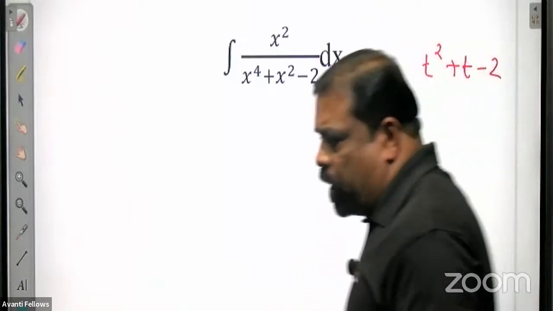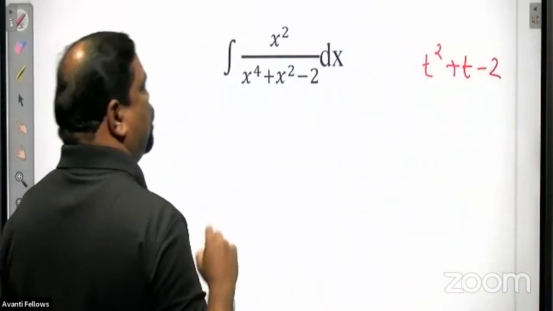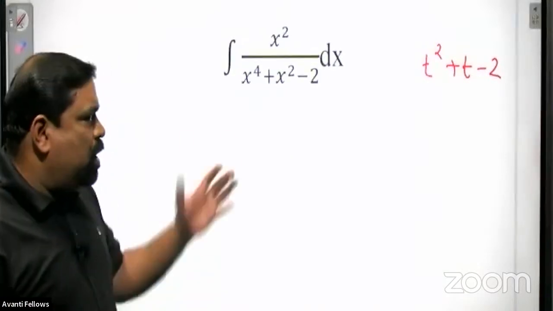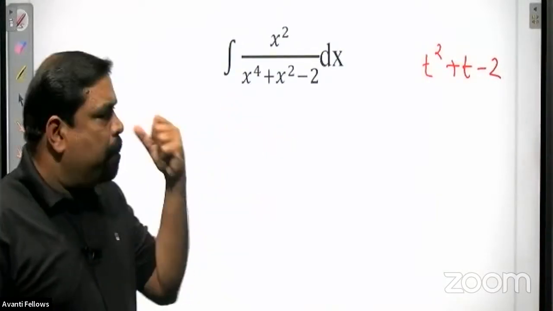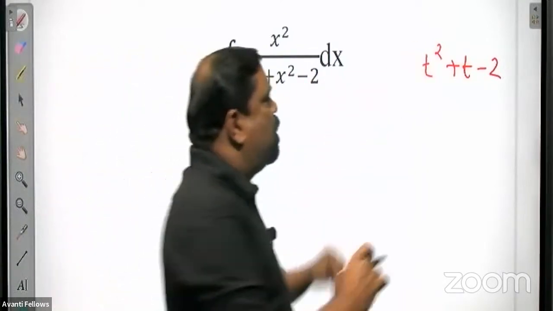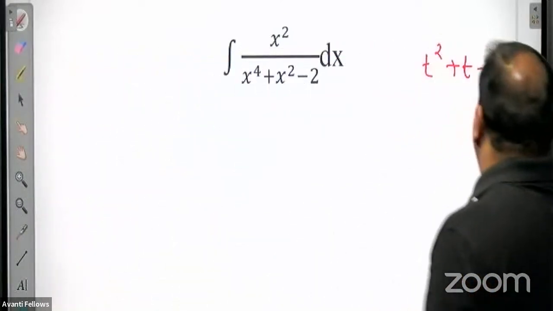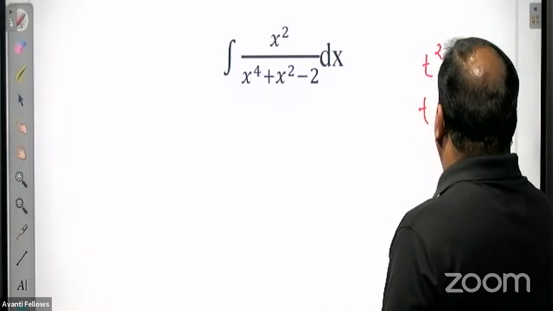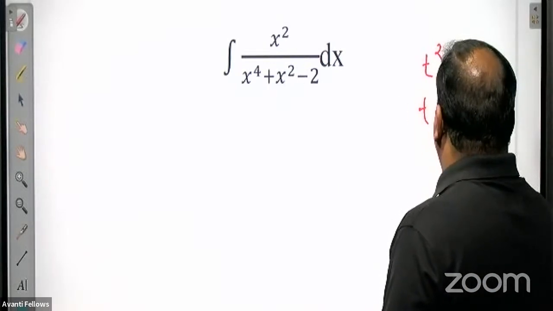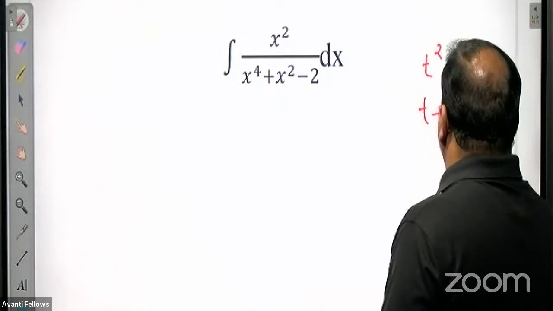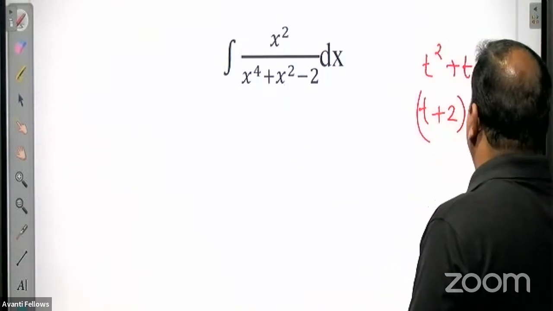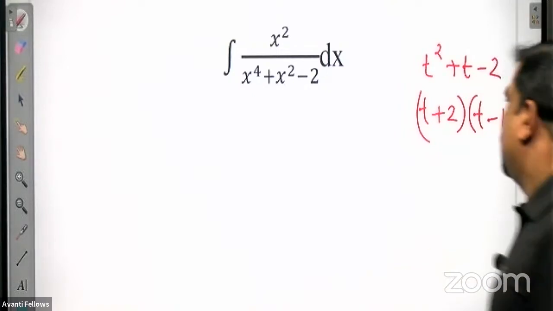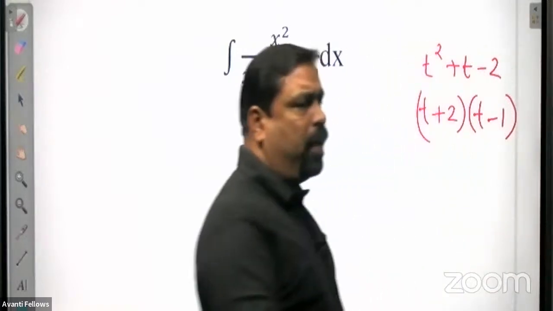Now this can be factorized very easily. It is t plus 2 into t minus 1. You can multiply and verify.